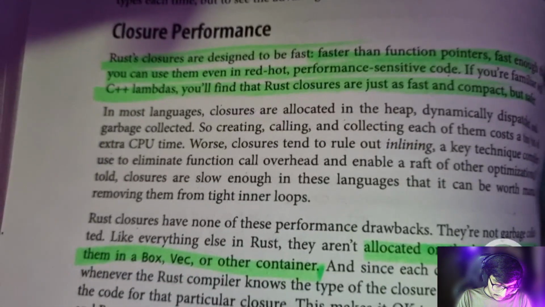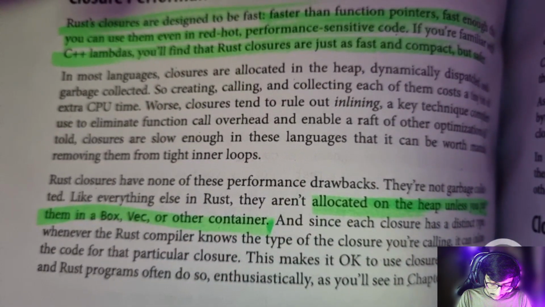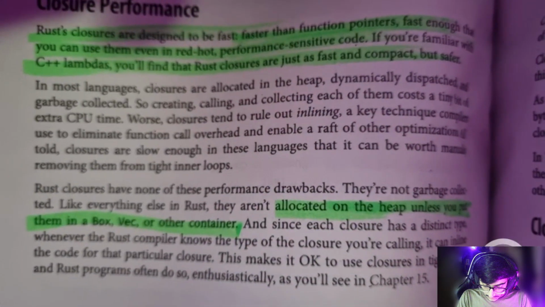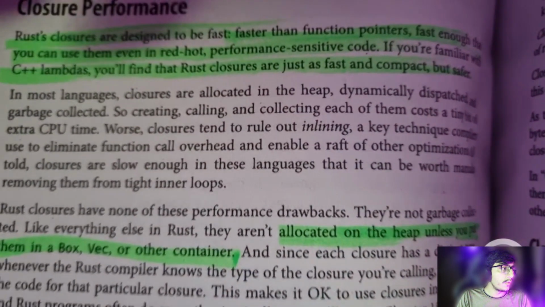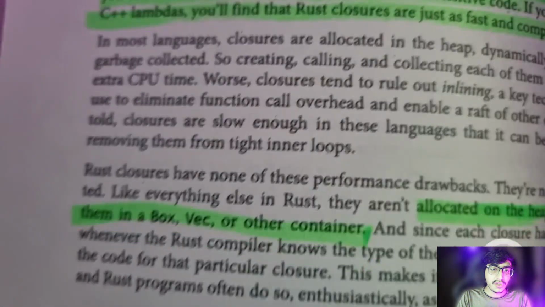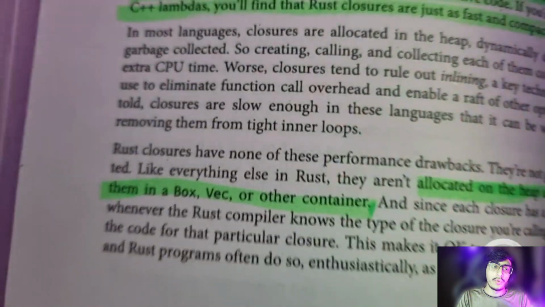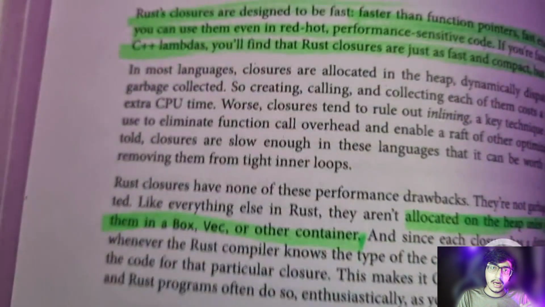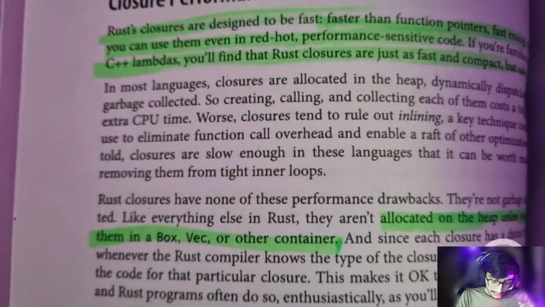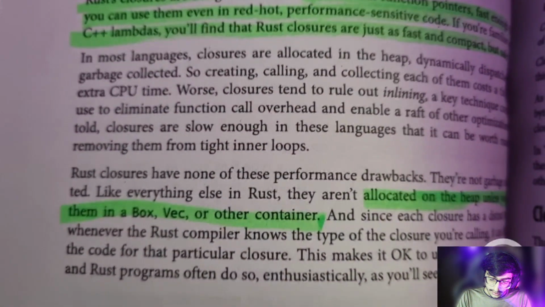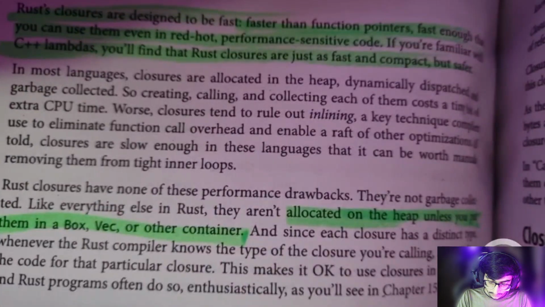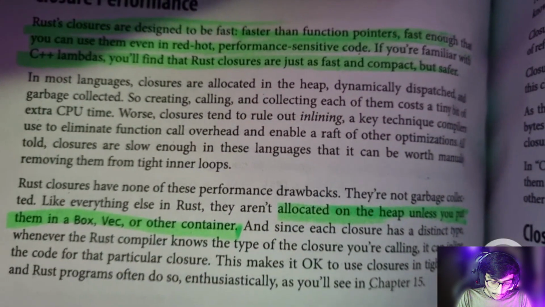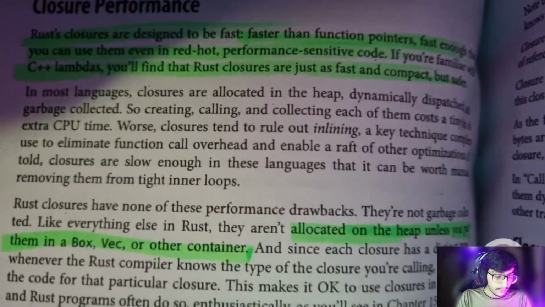And then after that, you can see they are not garbage collected, because Rust does not work on the principle of garbage collection. We have to allocate memory by ourselves. So like everything else in Rust, they aren't allocated on the heap unless you put them in a box, vector, or other container.